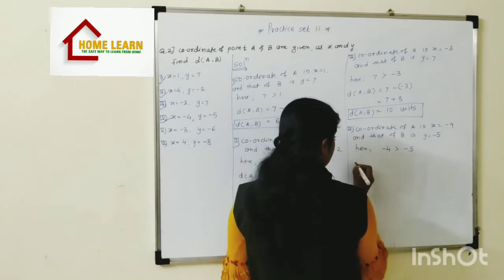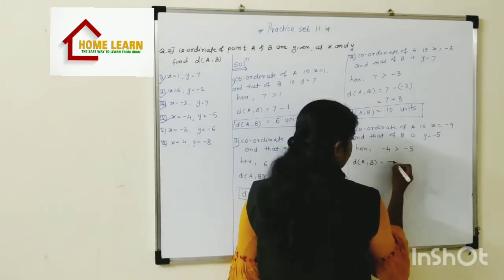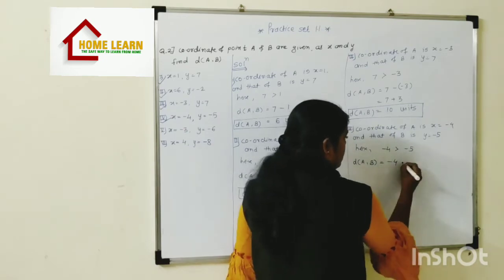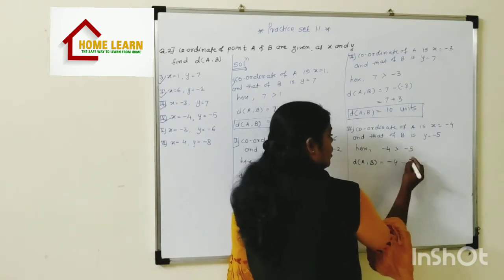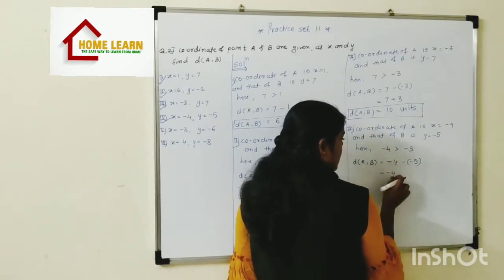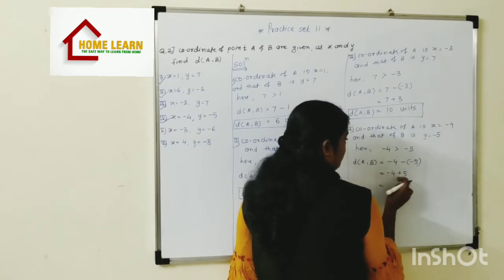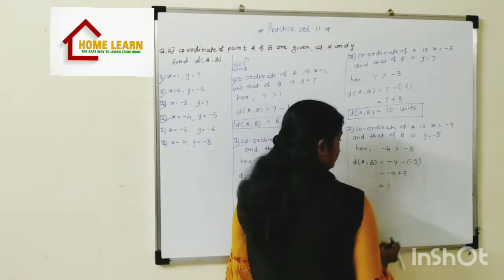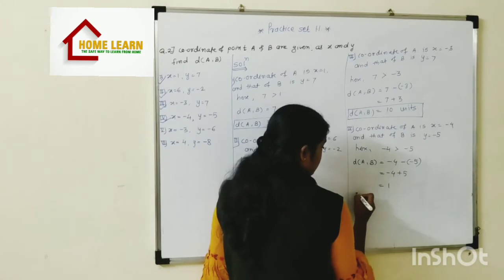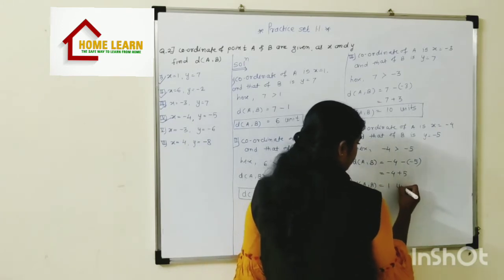So right here, the distance between points A and B is the greater coordinate, -4, minus the smaller coordinate, -5. -4 as it is, and this minus minus gets added. So -4 plus 5, the answer is 1, positive. Hence, you can write here, the distance between A and B is 1 unit.